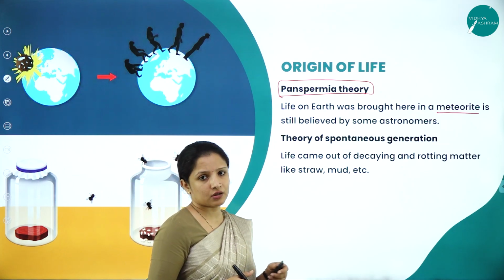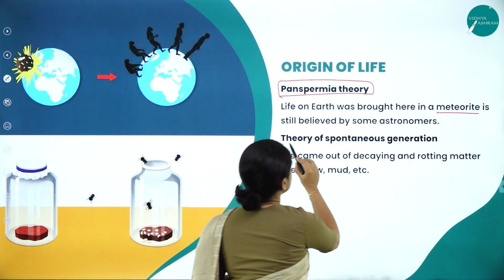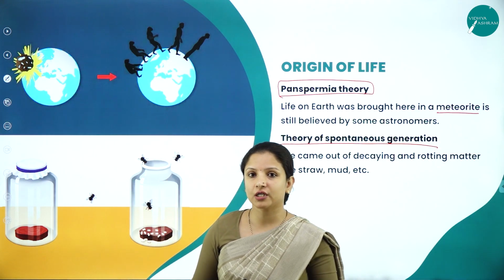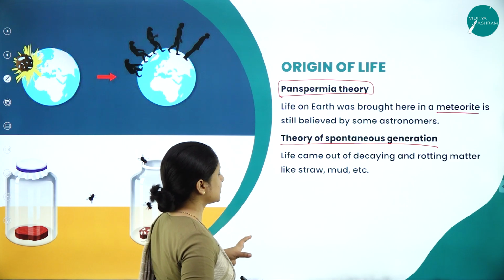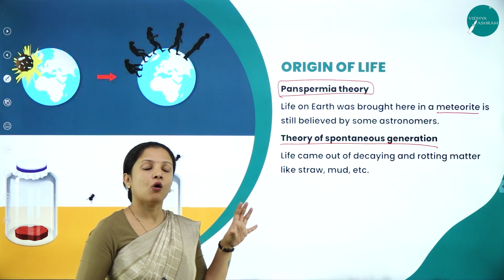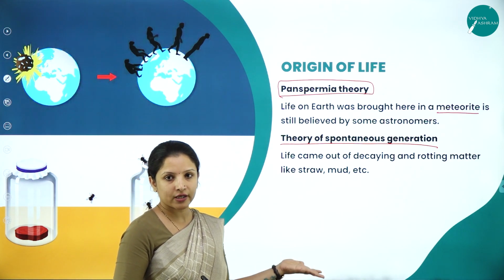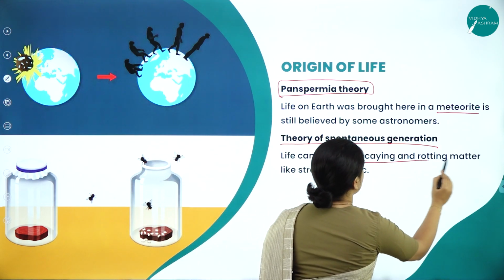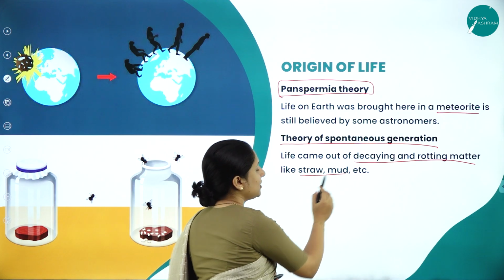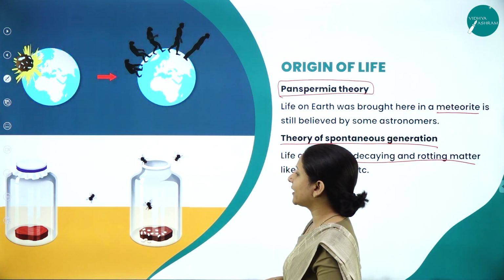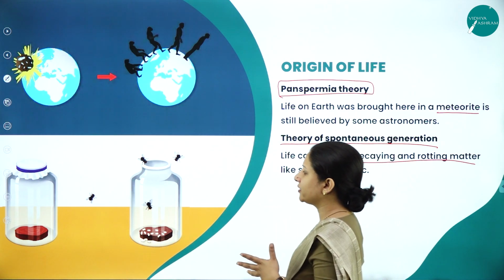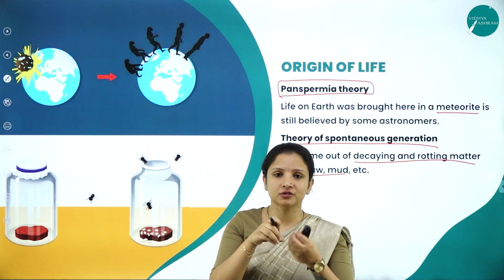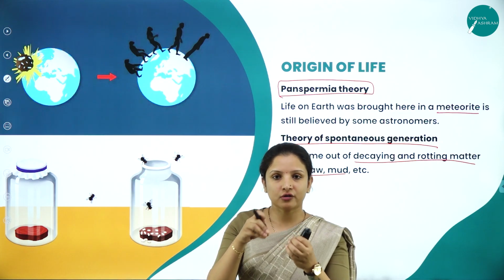And there is one more theory for the origin of life, which is called the theory of spontaneous generation. So the name itself says it. It says that life came from already existing matter. So they believed that life came from decaying and rotting matter like straw, mud, etc. They conducted an experiment wherein they put red meat inside a jar and closed the jar with a muslin cloth or a cheesecloth.